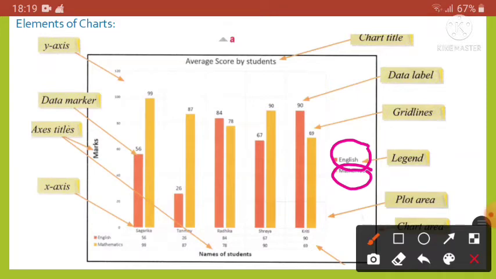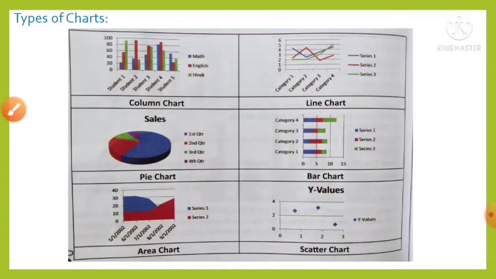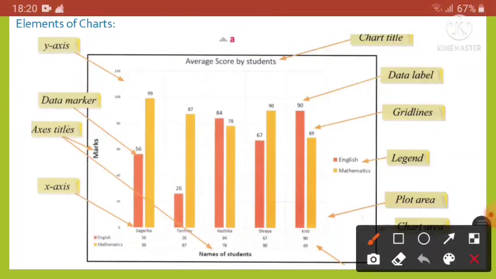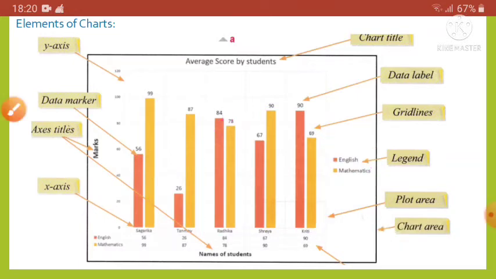The orange color represents the subject English, and the yellow color here represents the subject mathematics.